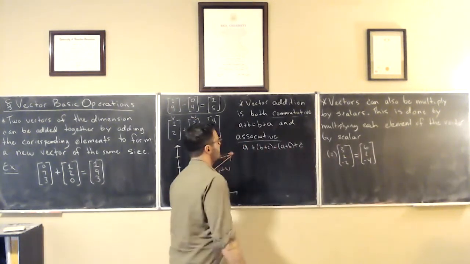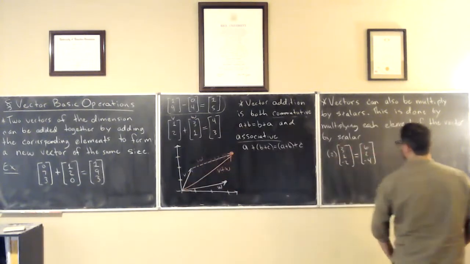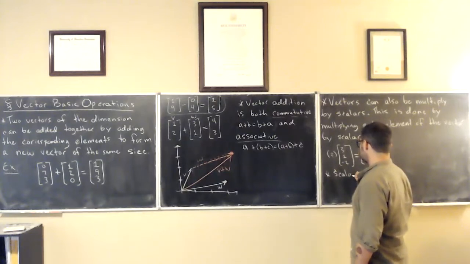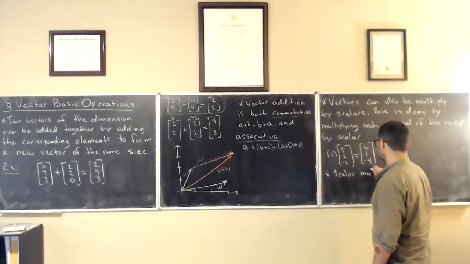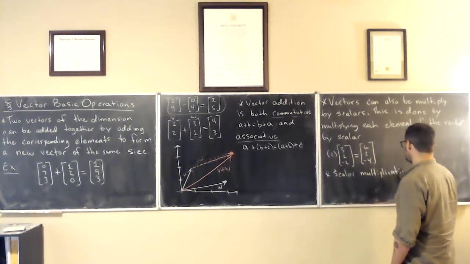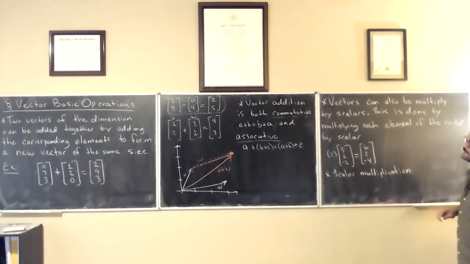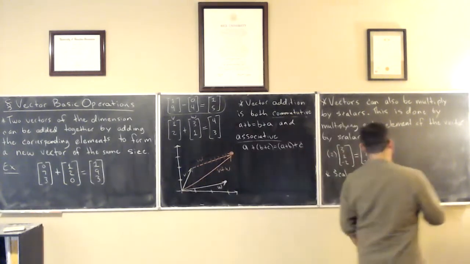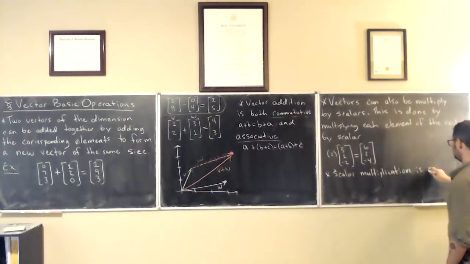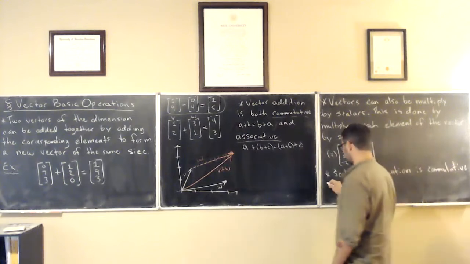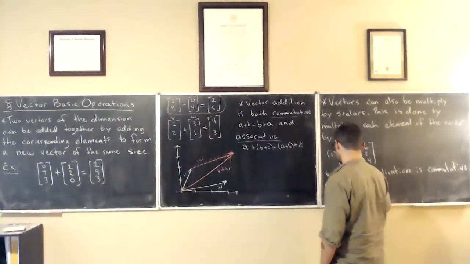Now, with respect to scalar multiplication, it is commutative. The ordering doesn't matter. Among other properties that I encourage you to read in the textbook.